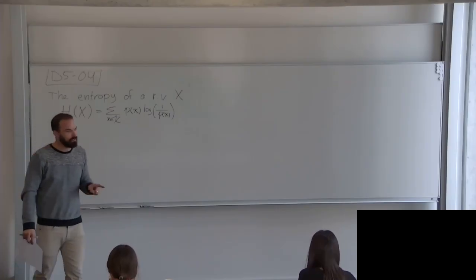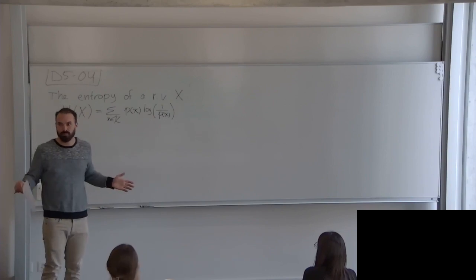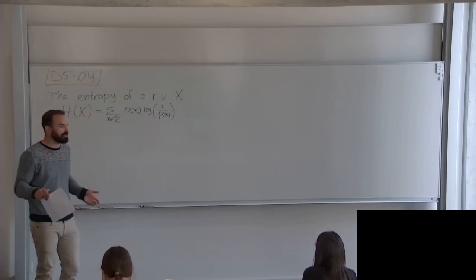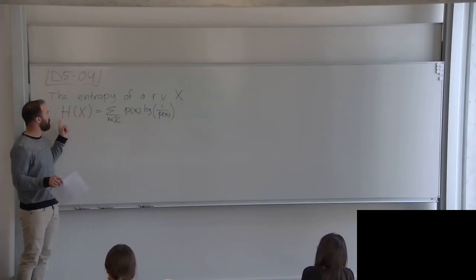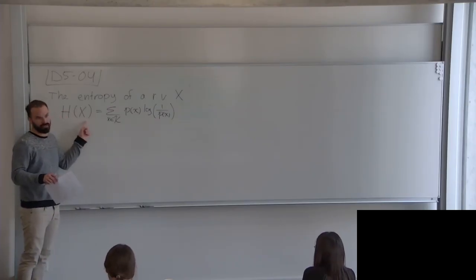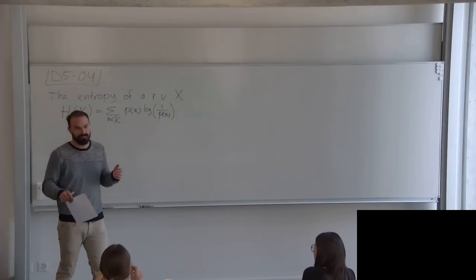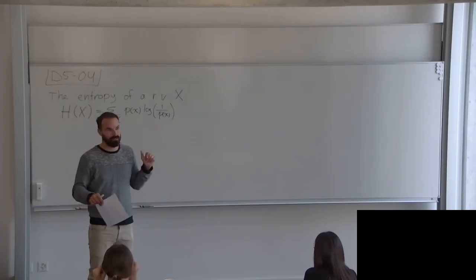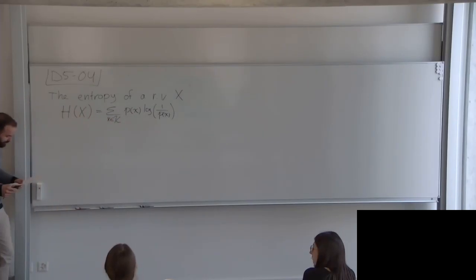One of the questions in the problem sheet is I ask you, in general, those numbers will not be powers of 2. I ask you to exhibit a prefix code in which the expected length is going to be smaller or equal than the entropy plus 1 bit. So you can always find somewhat easily a code which has one more bit of expected length, even if those are not powers of 2.